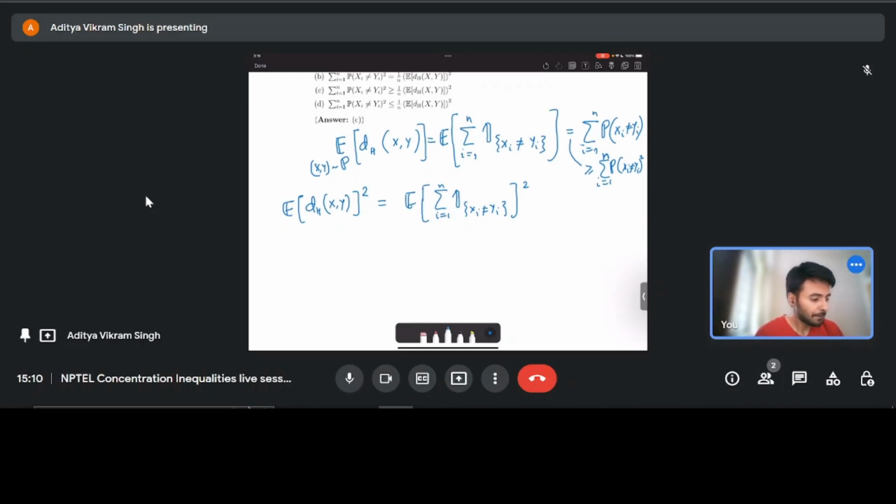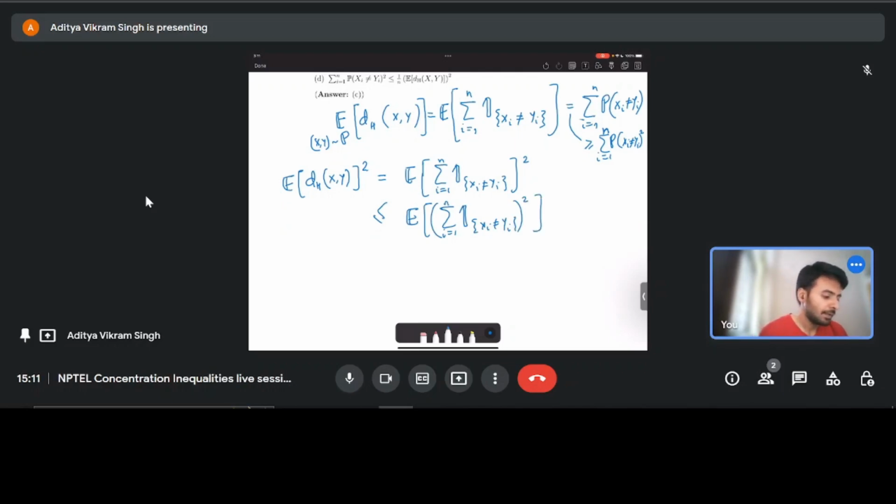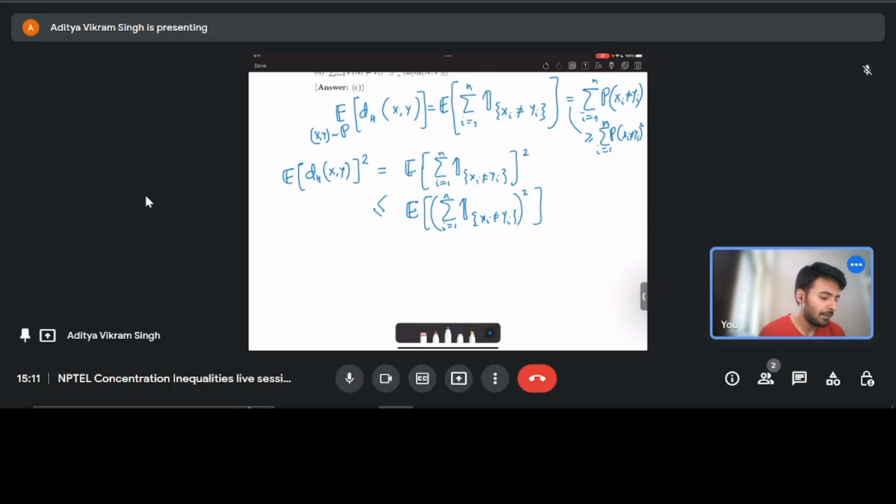So by Jensen's inequality, we are taking the square inside. Now look at this thing inside. If you expand this, you will have indicator functions of Xi not equal to Yi, and then you'll have some cross terms.